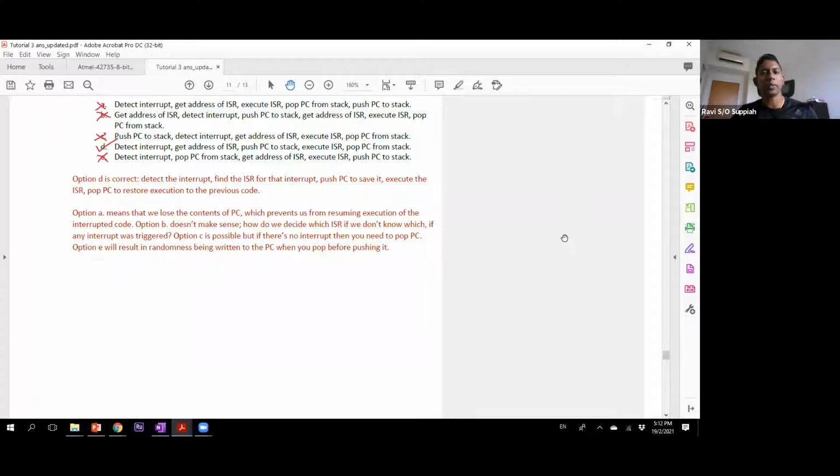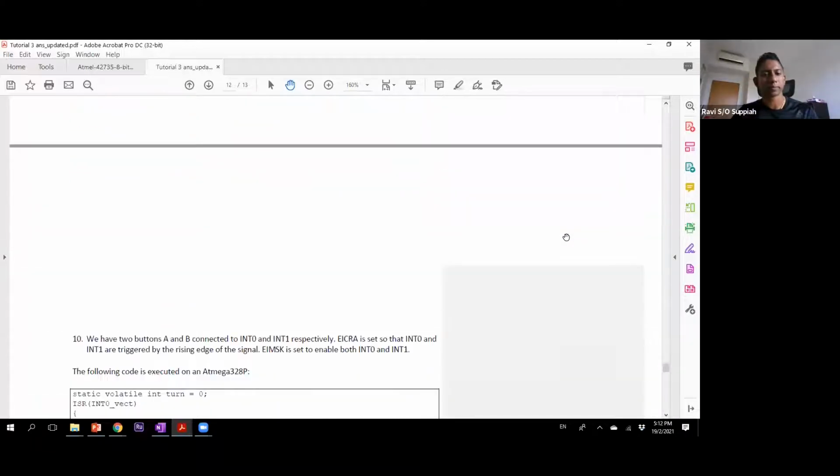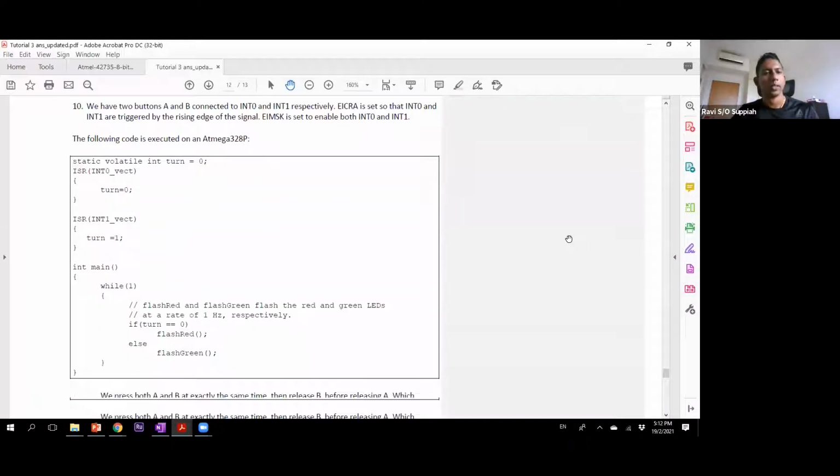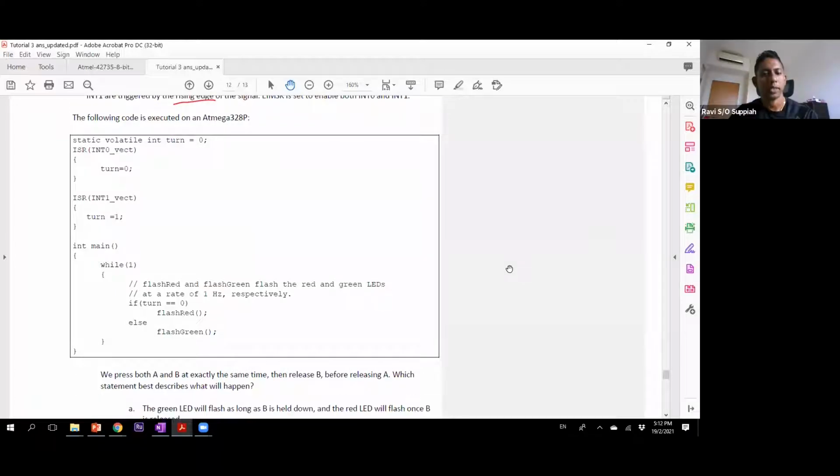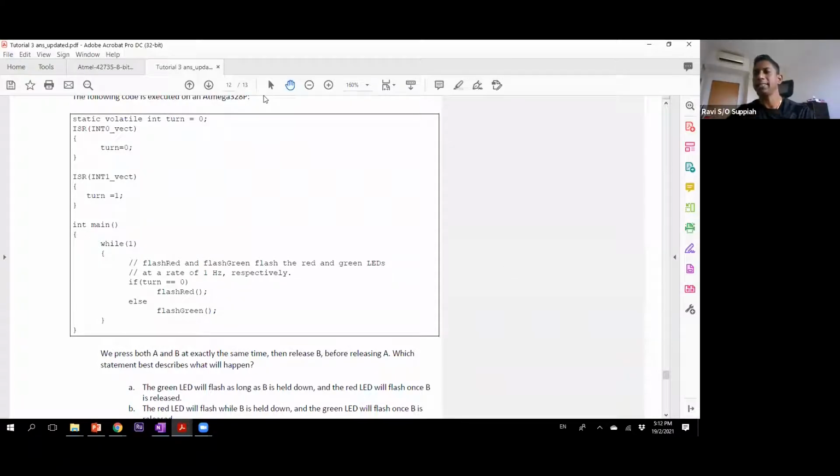In question 10, we have two buttons A and B connected to INT0 and INT1 respectively. Both of them are triggered by the rising edge, and both have already been enabled. What would happen if both of them are pressed at exactly the same time?